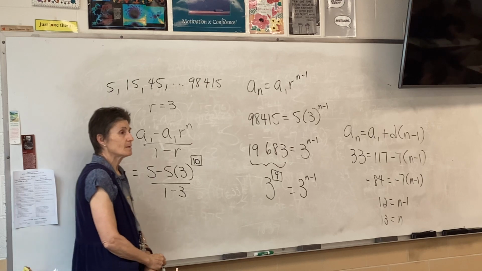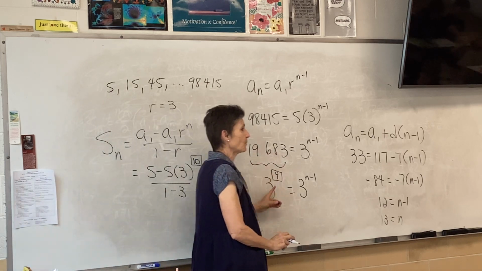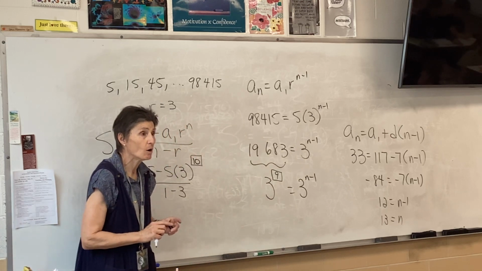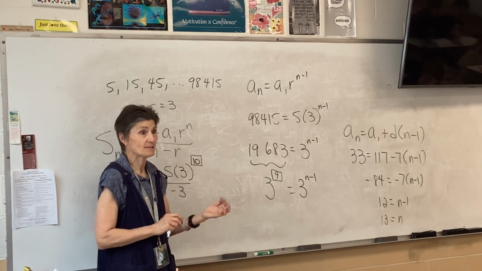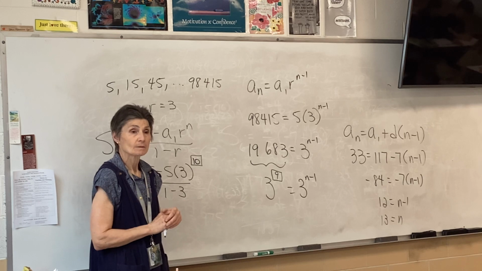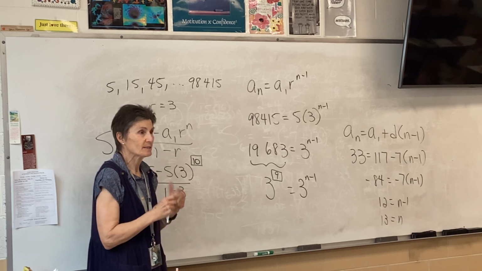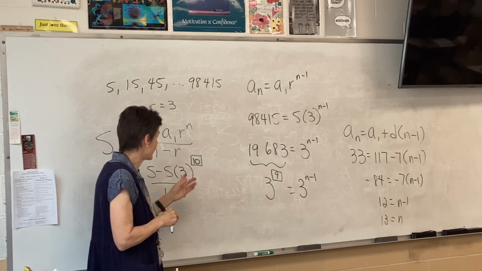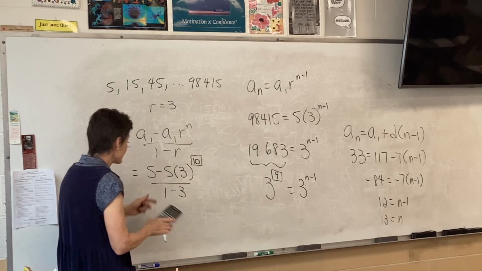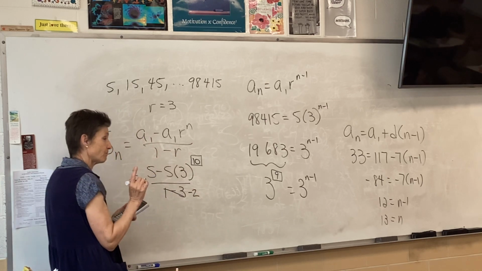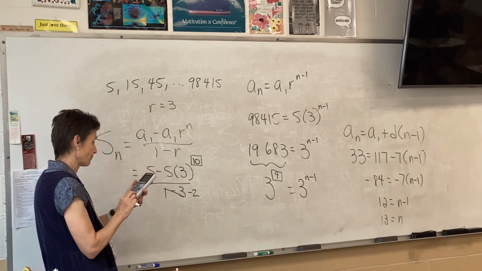So again, that's kind of a sneaky little thing, but it's absolutely okay because I know n is going to be an integer. It has to be. So I can just play around with it till I get the number. Then I gotta type this in. I like to make this a -2 on the bottom first, 1 minus 3.